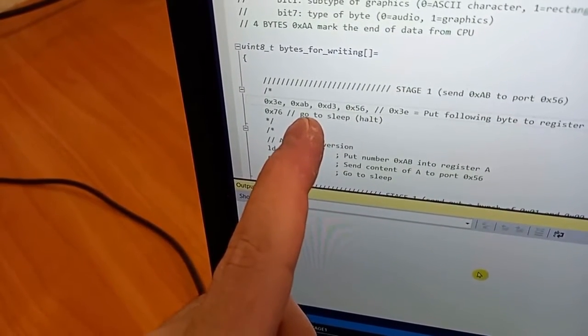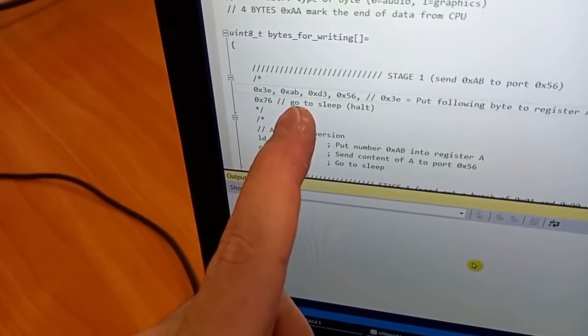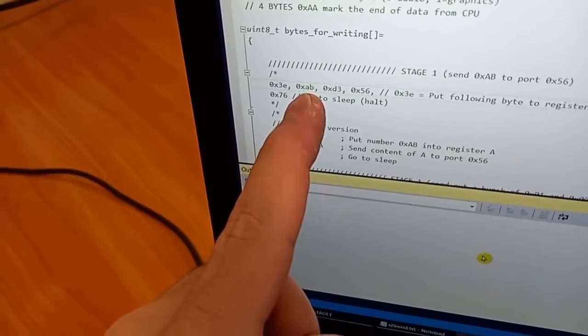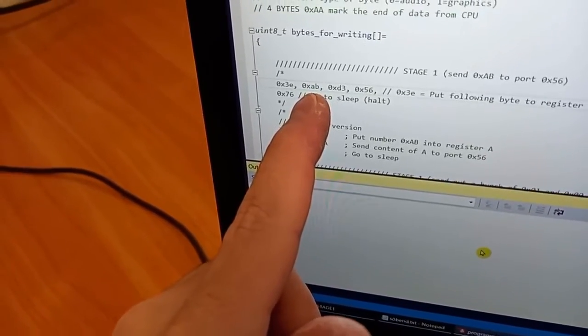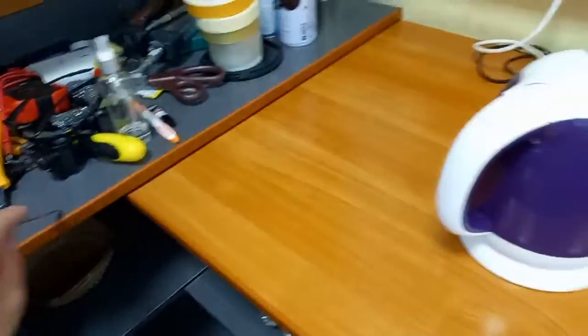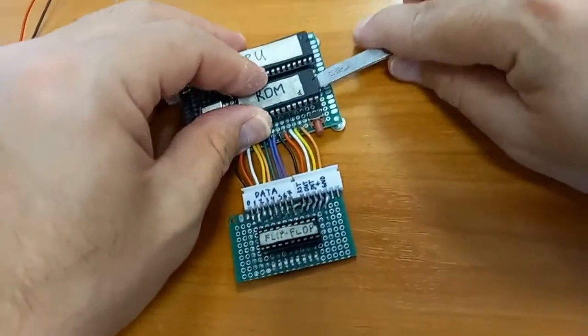Only we will put something different here, so that we can see the difference at the output compared to the old program.